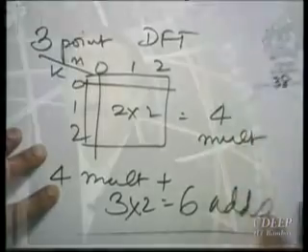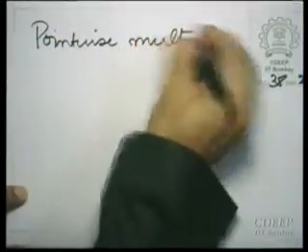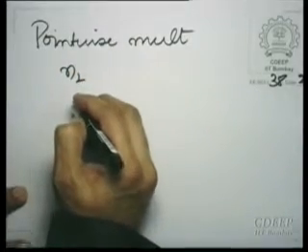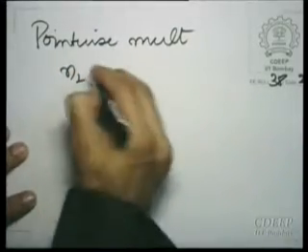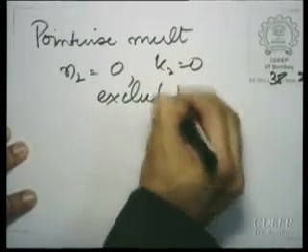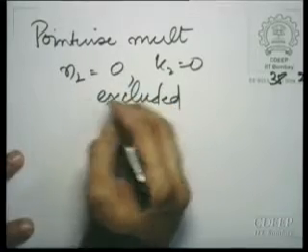However, we do have 15, potentially 15 point-wise multipliers in this. So how many point-wise multipliers do we have? Well, again, n2 equal to 0 and k2 equal to 0 need to be excluded. So you see, 7 of them get out of the 15.